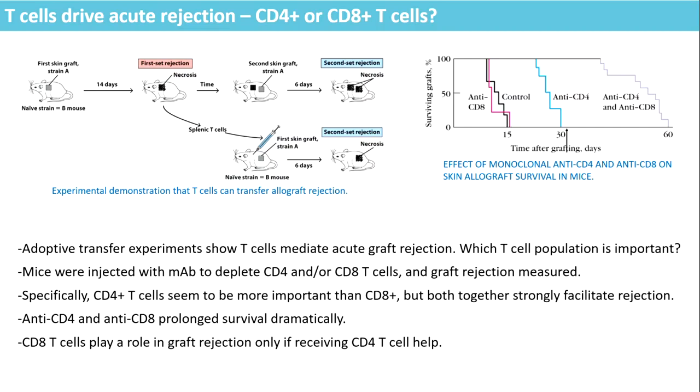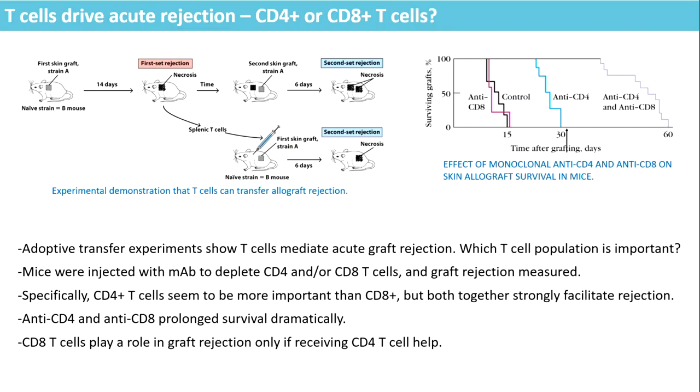If we deplete the CD4, we get a longer survival of the graft. But if we deplete CD4 and CD8, we get an even longer survival. So what it's showing is that the CD4 T cells seem to be more important than the CD8 T cells, but together they're mediating a really strong graft rejection.